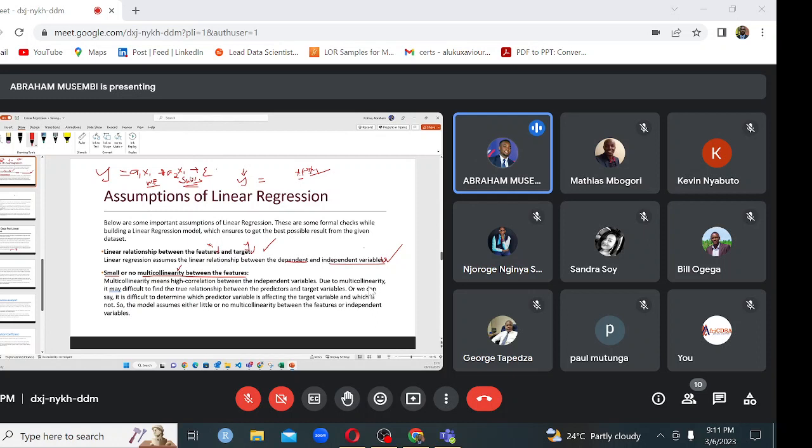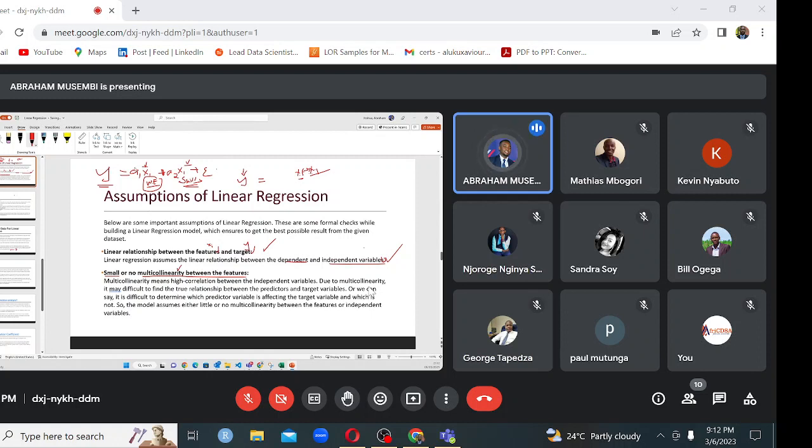So let's say we are quantifying work experience in years, and also quantifying the skills you have in terms of years. Then it might be difficult for us to know which variable between work experience and skills is affecting our output, the salary.